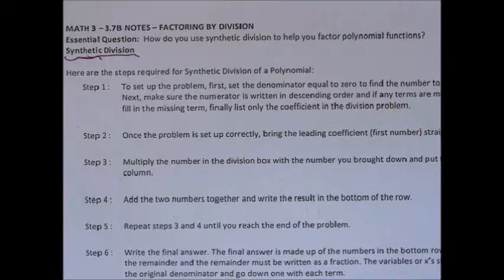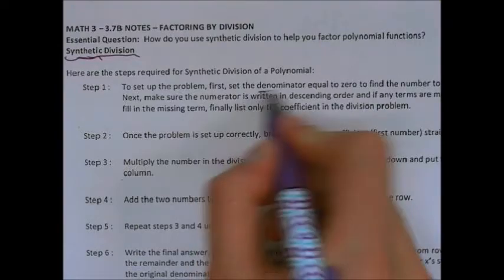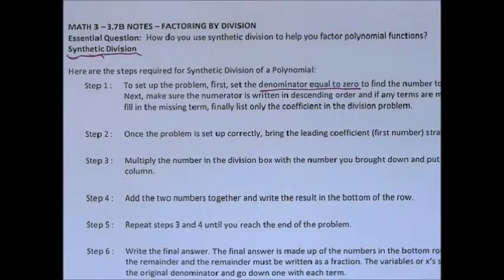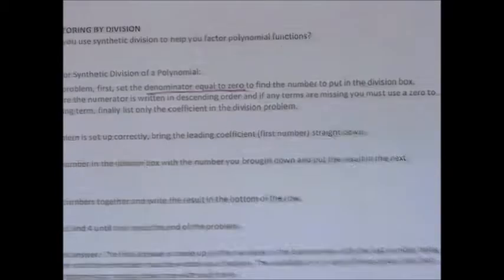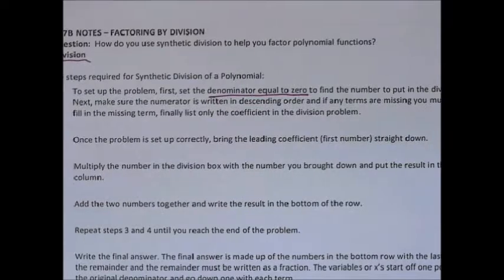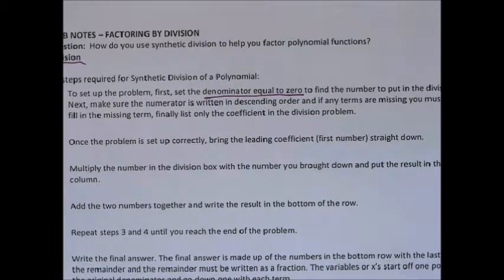We have this series of 6 steps, so let's go ahead and read through them. To set up the problem, first set the denominator equal to 0, so whatever we're dividing by equal to 0, to find the number to put in the division box. Next, make sure the numerator is written in descending order.